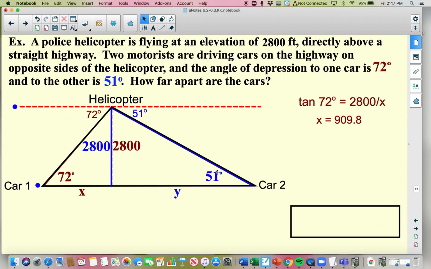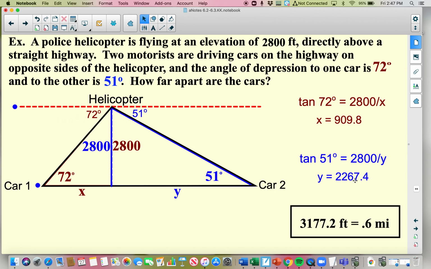Do the same thing for car 2. Tangent of 51 is opposite 2,800 over Y. Then multiply the Y over and divide by the tangent of 51, and I got 2,267.4. If you add both of those together, the red and the blue distance, you get how far apart those cars are in feet.